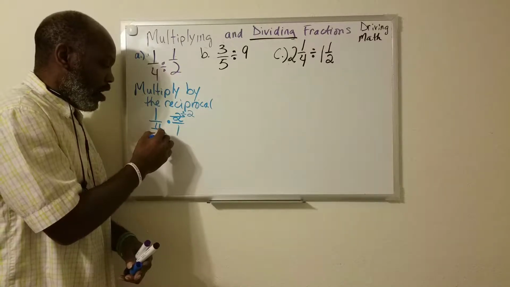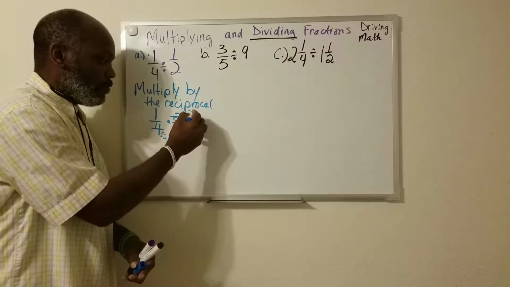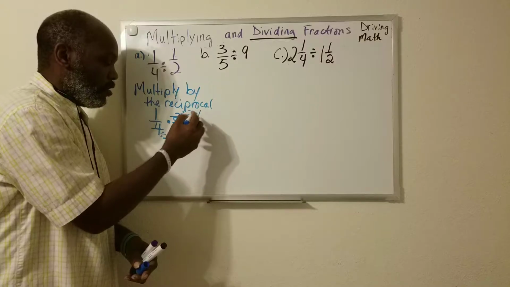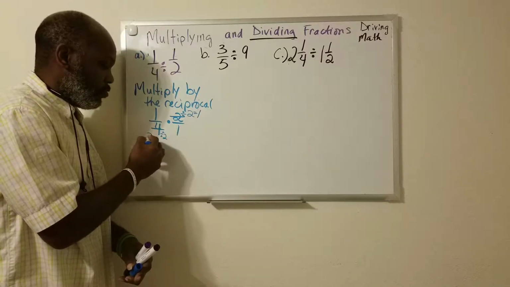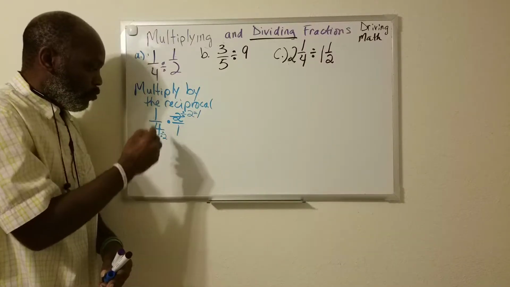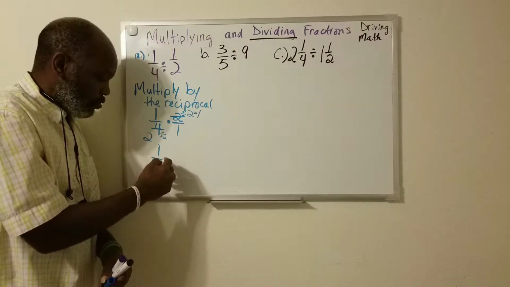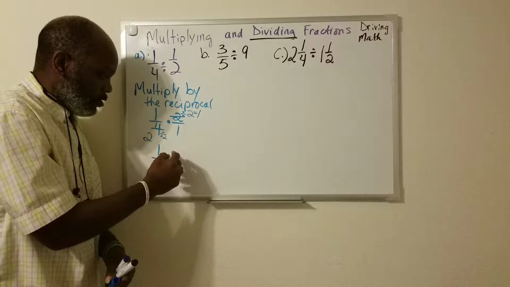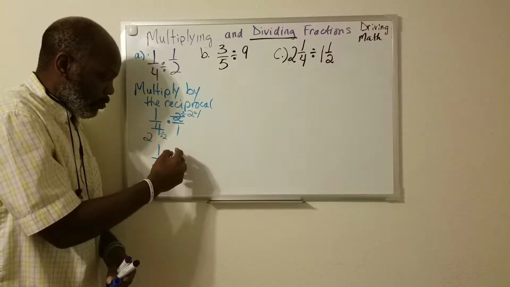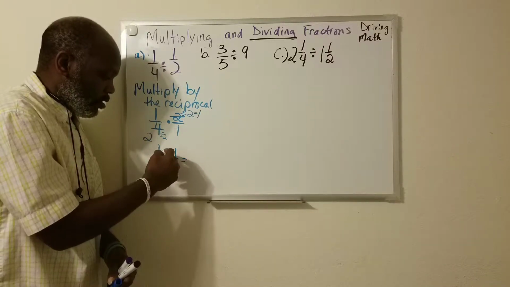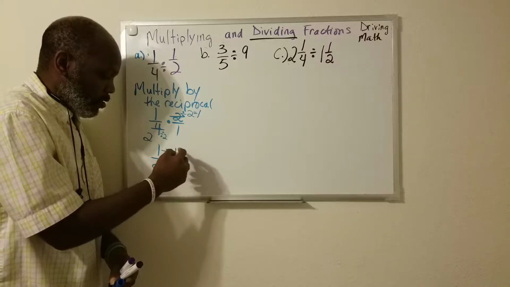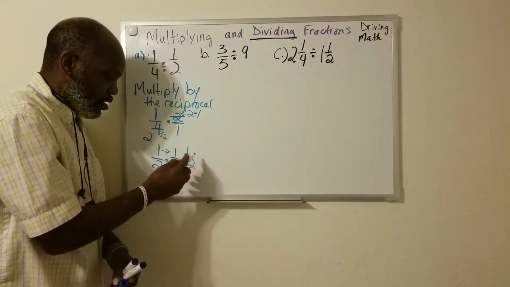So that reduces to be 1, and 4 divided by 2 reduces to be 2. We will rewrite the expression as 1/2 times 1/1. And we multiply across, and we have 1/2.